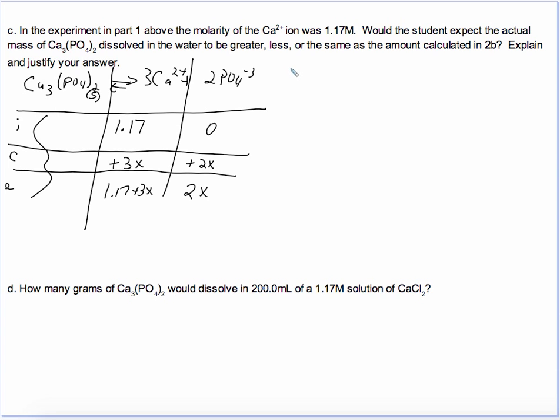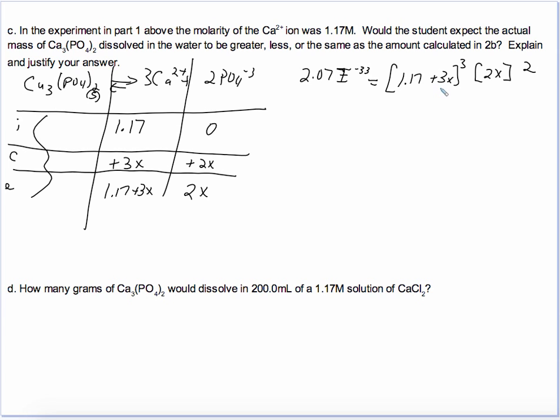Now we can plug this into our expression from the previous problem. We know the Ksp is 2.07 e to the negative 33. That equals 1.17 plus 3x to the third power times 2x to the second power.